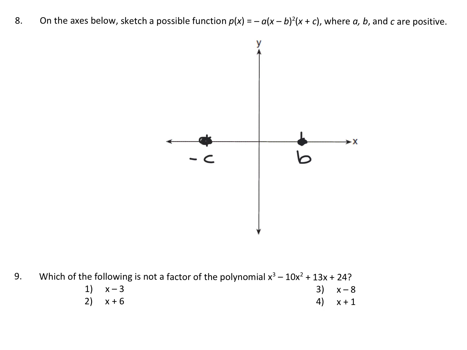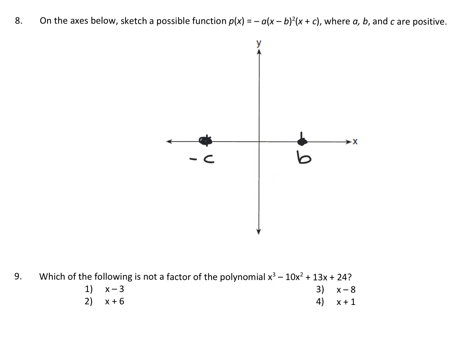Okay, now let's think about this. We only have 2 zeros, okay? Right here at this 0, see how it's squared? It means we have multiplicity. It means it's going to bounce off the x-axis. So it's either going to bounce this way and come back up, or it's going to bounce this way and come back down.